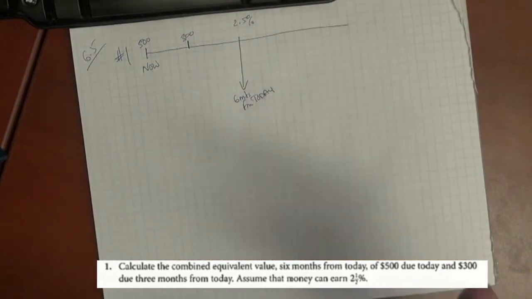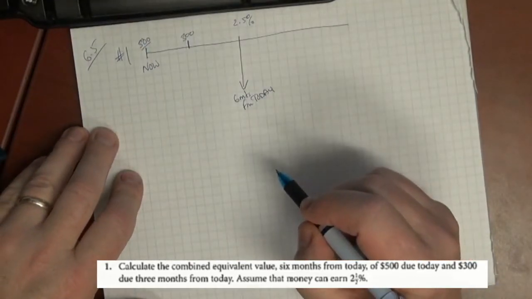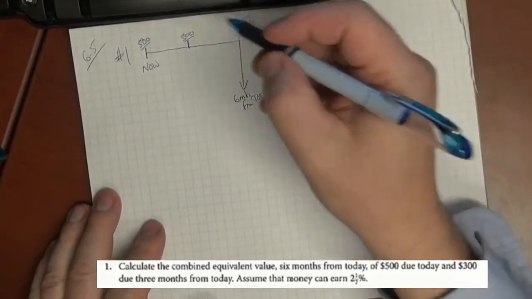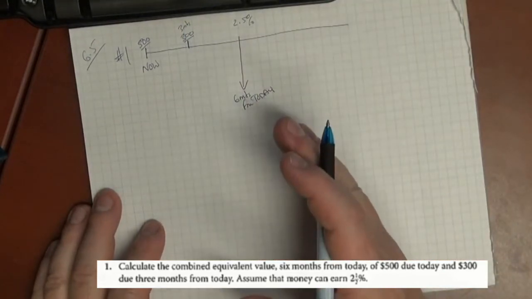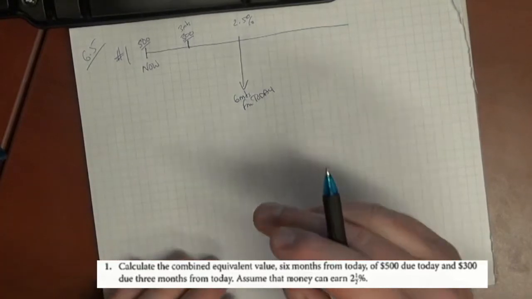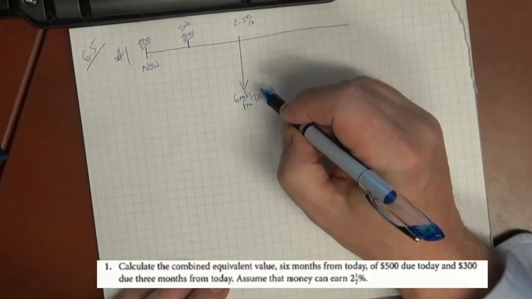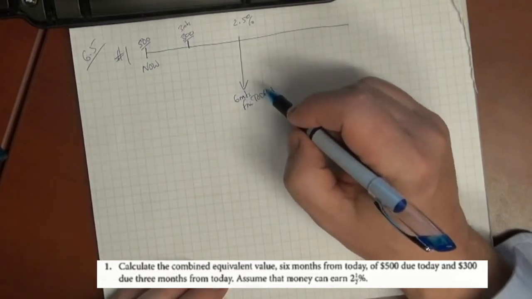So what we have is a couple of streams of money coming in. The first stream, the $500, is put in the bank today. The $300 will be due in 3 months' time. So we need to ask, what are we looking relative to? Relative to 6 months from today is the key point here. What is the equivalent value 6 months from today?